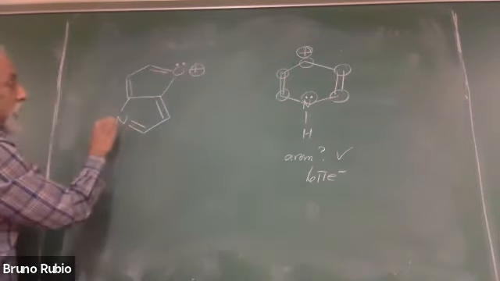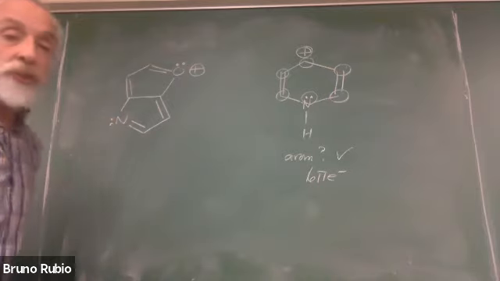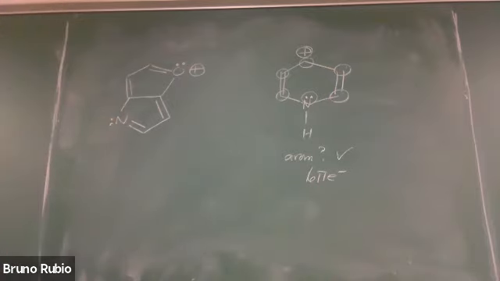And once again, just to confuse you and just to throw you off the scent, I'm going to write in all of the unshared pairs of electrons. When you have nitrogen, oxygen, sulfur, the crisis is, are those electrons in a p orbital or aren't they?